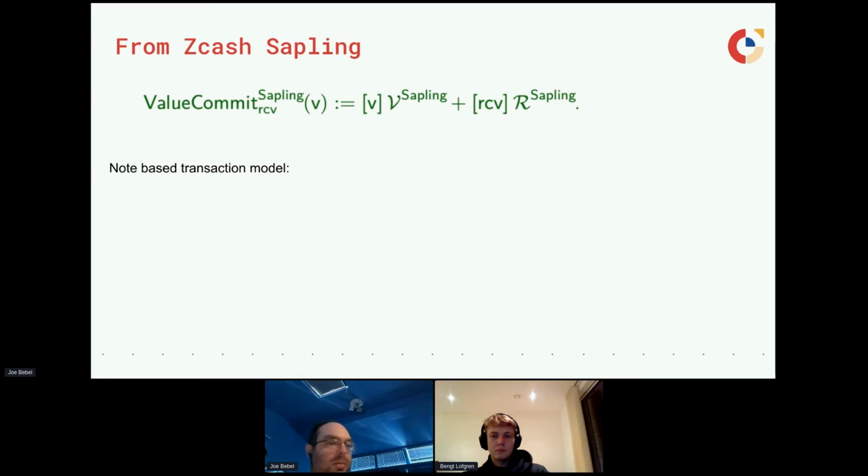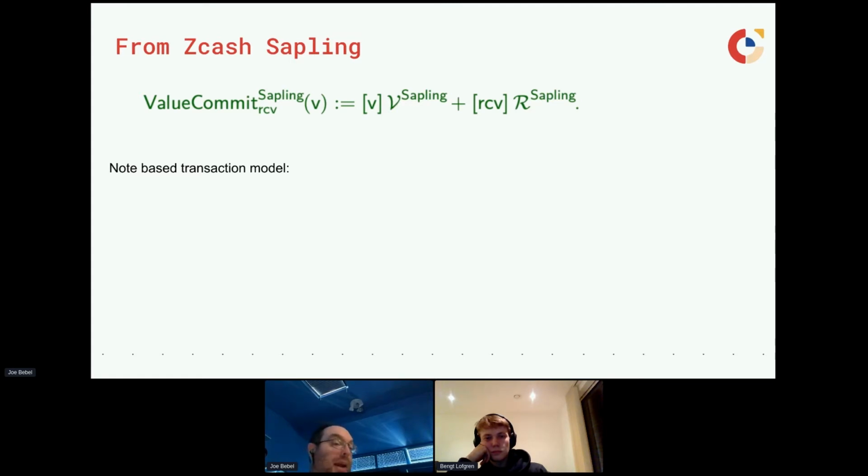If we recall from our cryptography background, a commitment in cryptography is a way of locking some information into a kind of cryptographic box, such that it has two important properties. It's hiding and binding. Hiding meaning that once you lock this information in the box, it's not readily apparent from the outside what information you've locked inside.